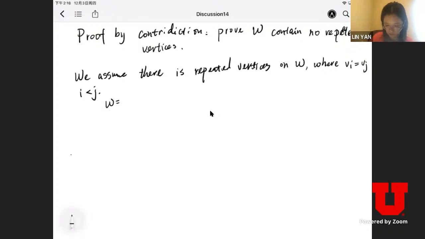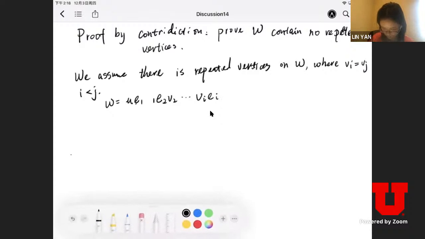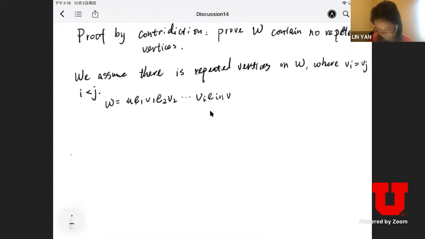Then we can write it this way: from U, e1, v1, e2, v2, to vi, e(i+1), v(i+1), to vj, e(j+1), v(j+1), to en, V.